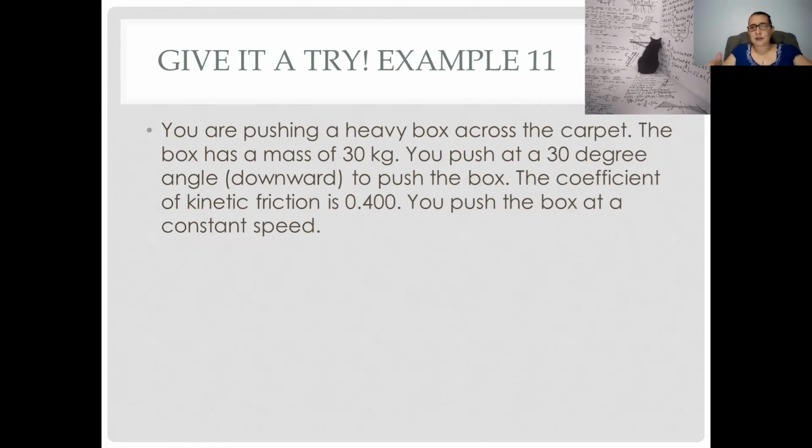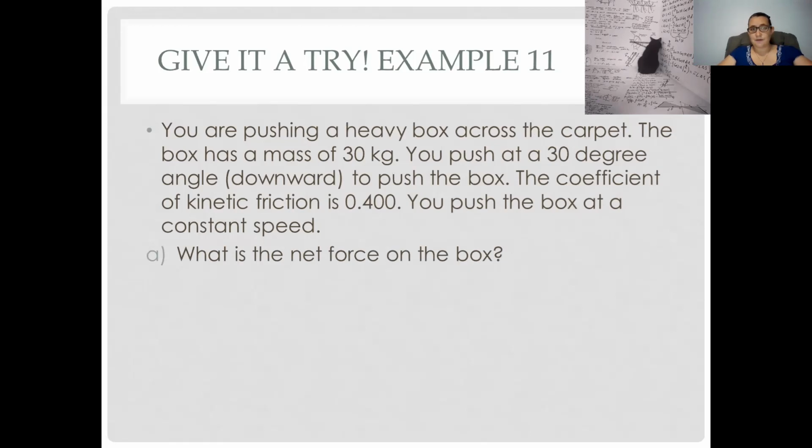But I have a couple of questions to help you set up this problem in your mind before we do the math together. So, first question, what is the net force on this box? Take a second. Net force. Okay. There's a key phrase in here that will help us figure that out, and it's right there at the very end.